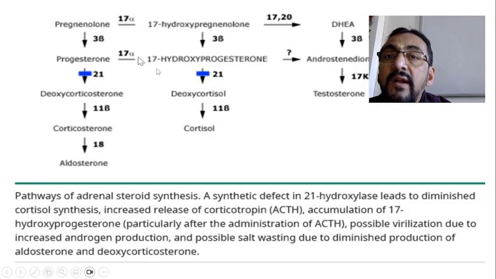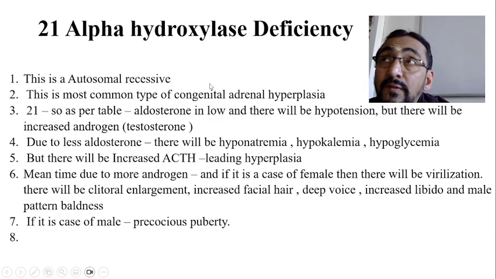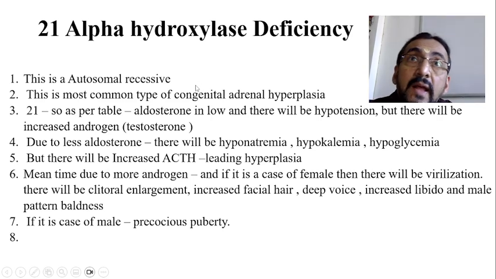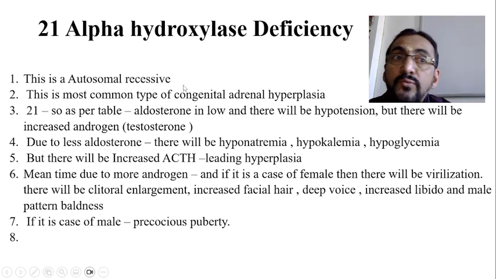Progesterone is converted into deoxycorticosterone and 17-hydroxyprogesterone is converted into deoxycortisol in the presence of the 21-alpha hydroxylase enzyme. If there is its deficiency, what happens? Its absence leads to what consequences? That we will discuss in the next class.